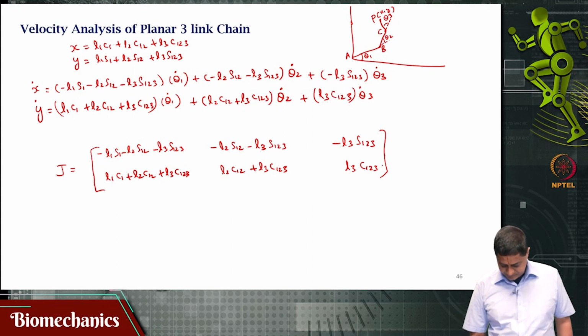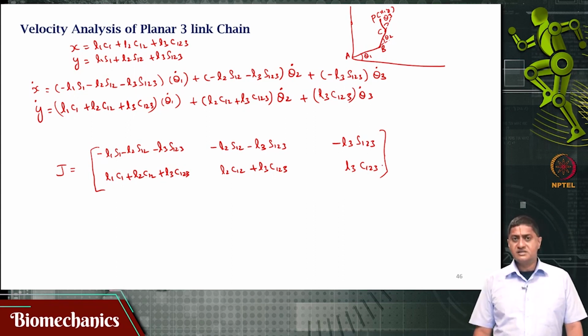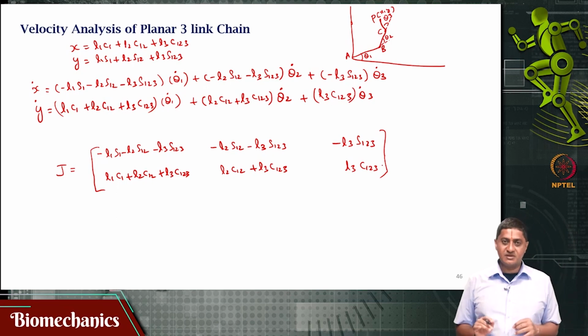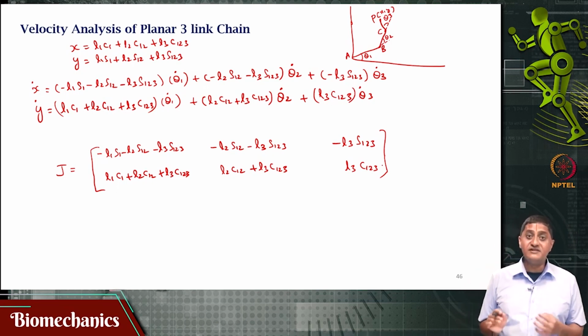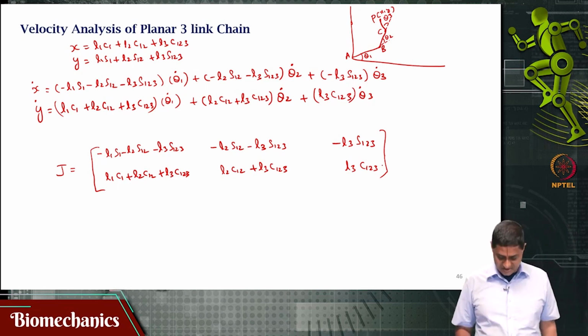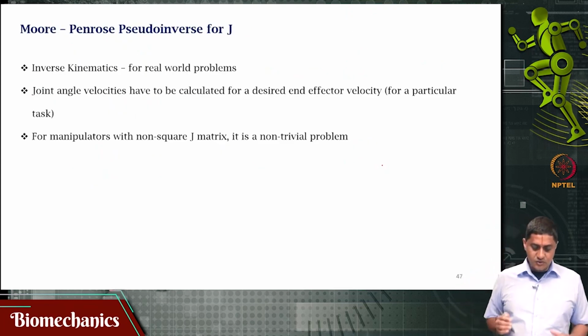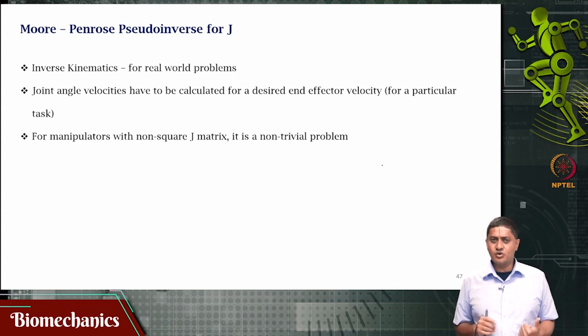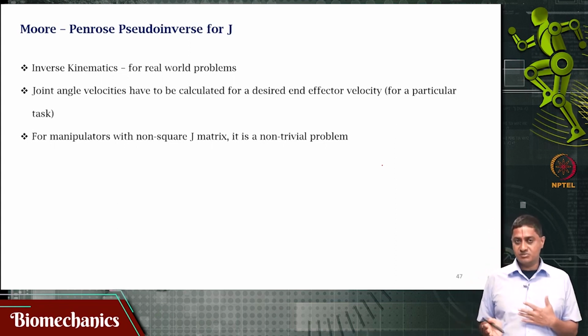Remember, forward kinematics is a problem meant for solving at the school level, high school level, undergraduate level. Real world problems almost always involve inverse kinematics. When solving for inverse kinematics, I have a Jacobian that does not have an inverse, because the Jacobian matrix is not square.